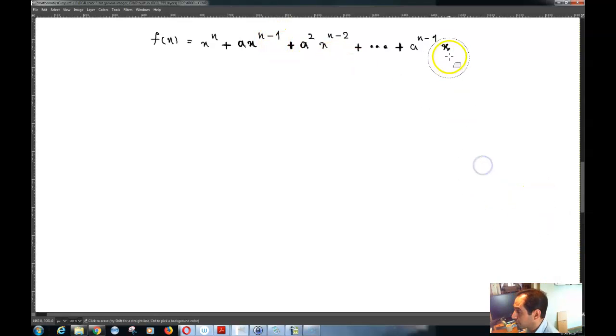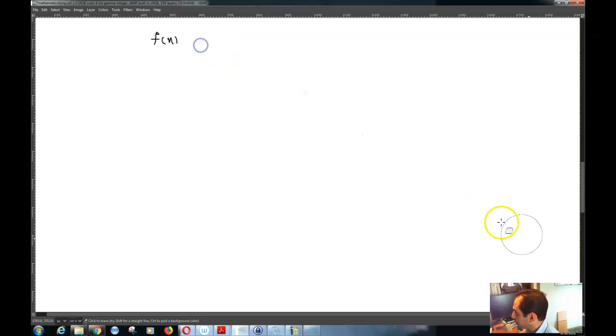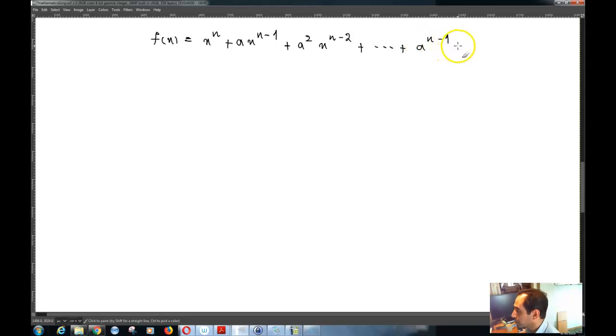And the function is basically, if I take the function as f of x, I can write it as x raised to the power n plus a times x raised to the power n minus 1 plus a squared times x raised to the power n minus 2 plus all the way up to a raised to the power n minus 1 times x plus a raised to the power n.